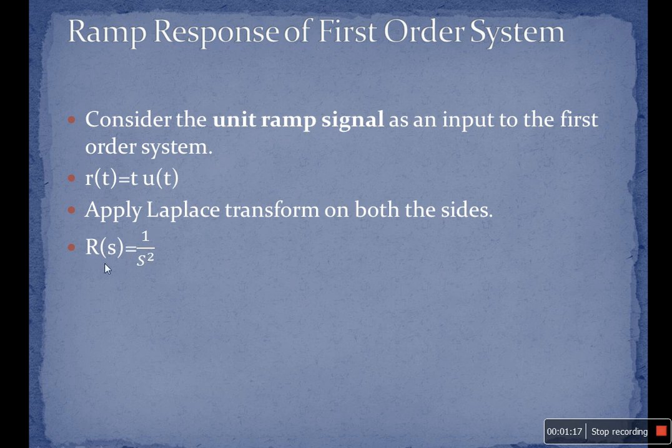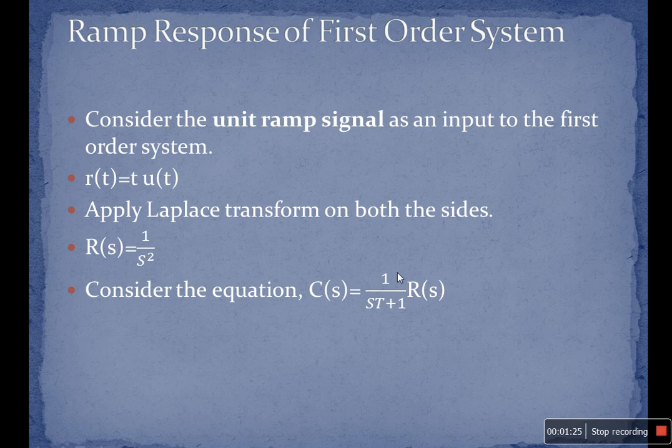Now we are applying this input signal to the first order system. We know that the equation for the first order system is C of s equal to 1 by s tau plus 1 into R of s. We have already discussed this. In place of R of s, now you substitute 1 by s square, because we are analyzing the ramp response of the system.